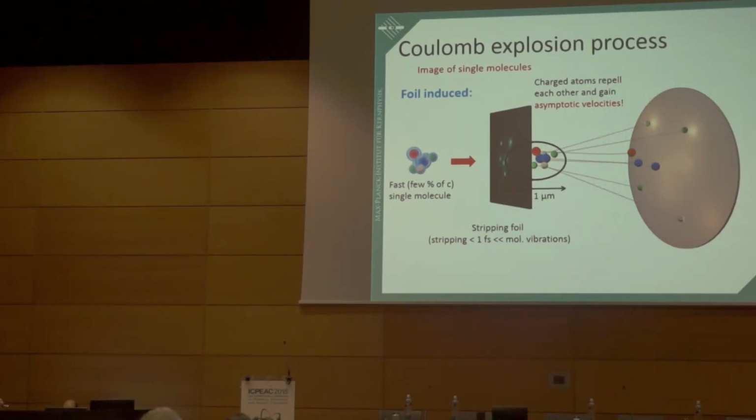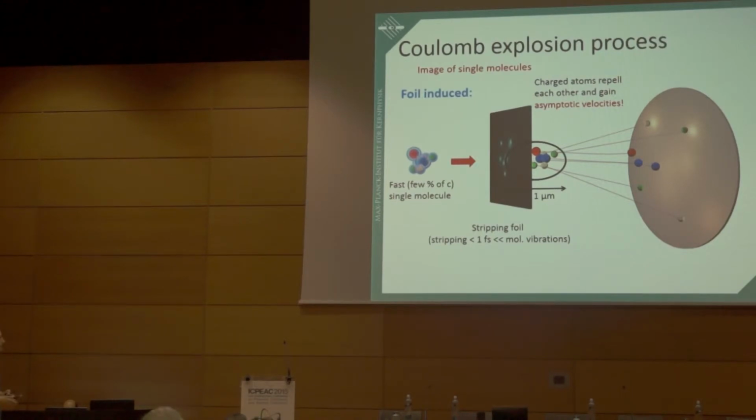This stripping process is very fast. It takes less than 1 femtosecond, and therefore it is much faster than molecular vibration. So during the stripping process, you can consider the structure of the molecule to be frozen.